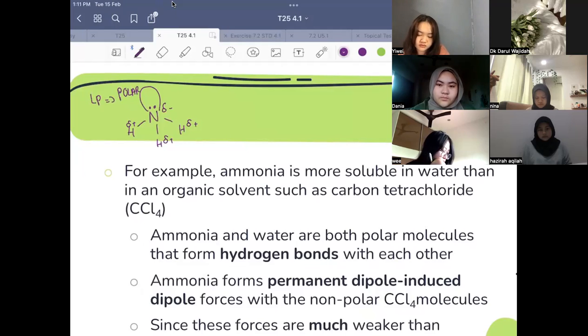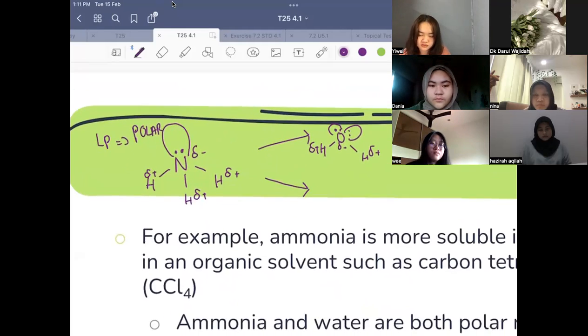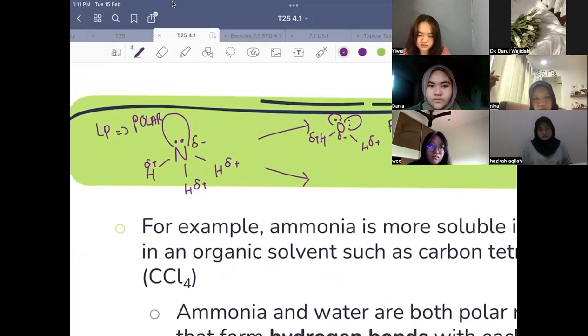So we want to look at ammonia in water, H2O. Again, there is a lone pair which suggests H2O to be also a polar molecule.